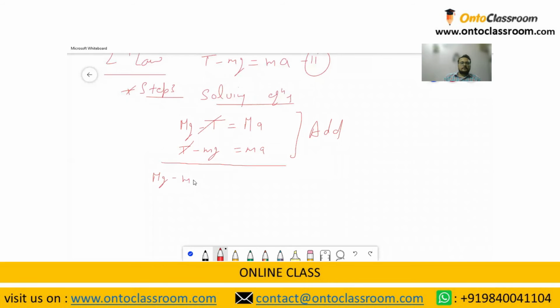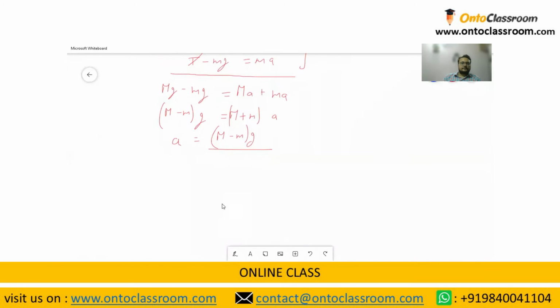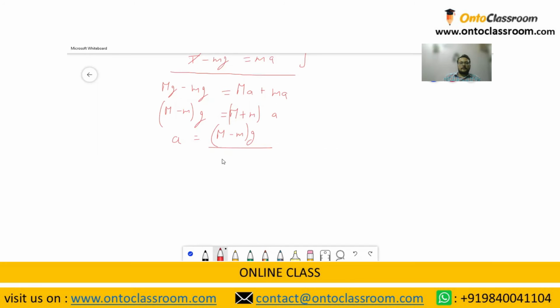Mg minus small mg must be equal to capital Ma plus small ma. Then this will be capital M minus small m into g should be equal to capital M plus small m into a. So the value of acceleration will come out to be capital M minus small m into g divided by capital M plus small m.